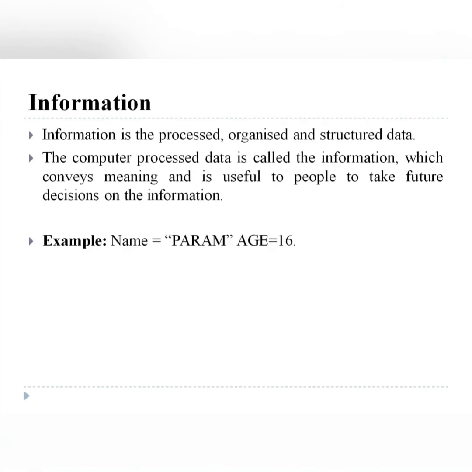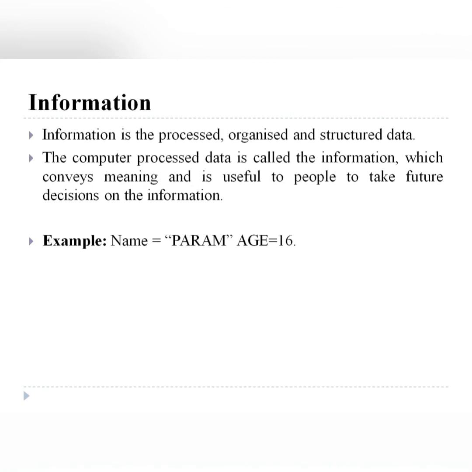And the next one is information. Information is the processed, organized and structured data, or simply we can say that processed data is called information, which conveys meaning and is also useful to people to take future decisions.